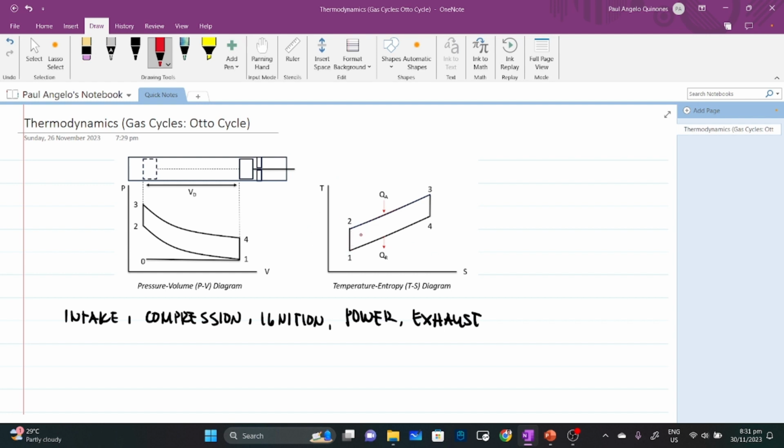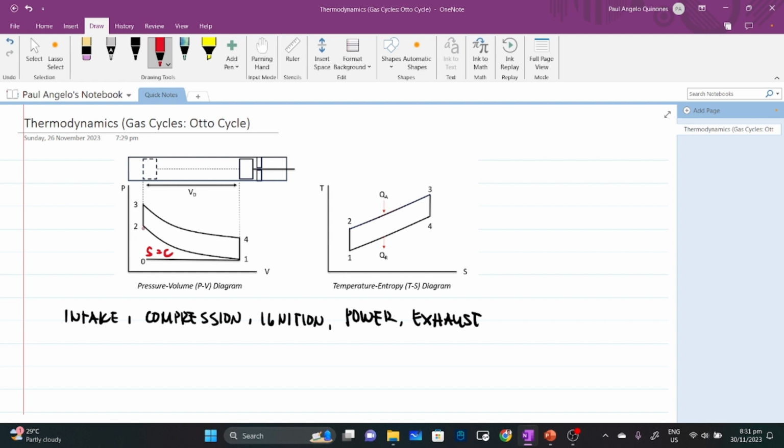This straight vertical line corresponds to a constant entropy. Since the entropy is constant, we can write it here: at point 1 to 2, entropy is constant. Therefore, that is an isentropic process. Okay, point 1 to point 2.